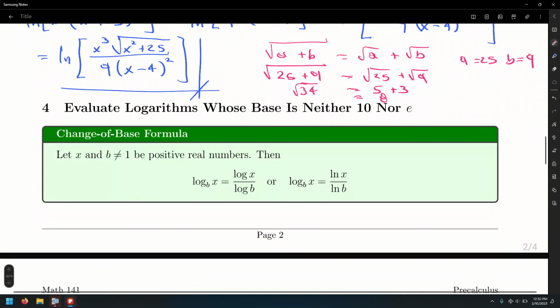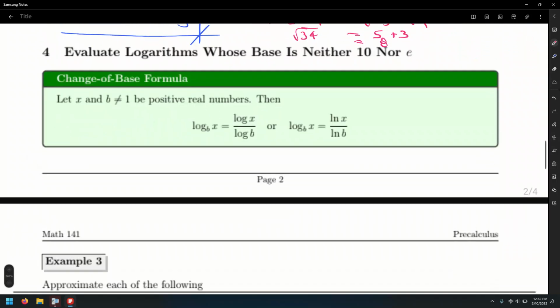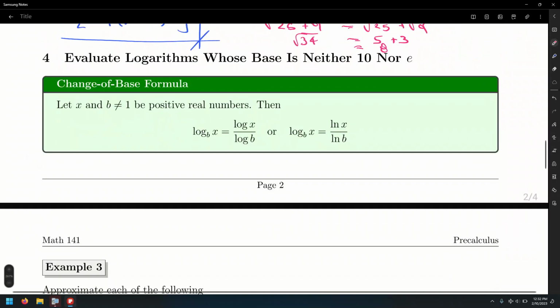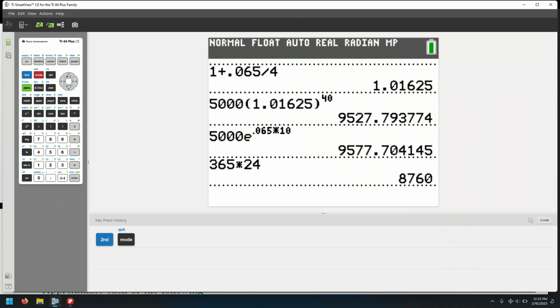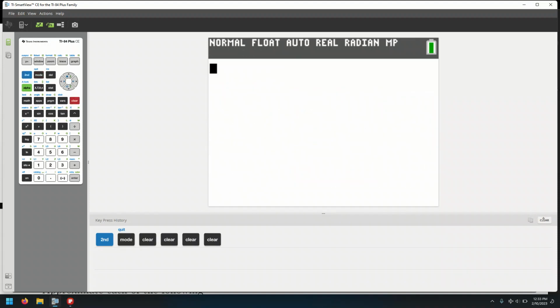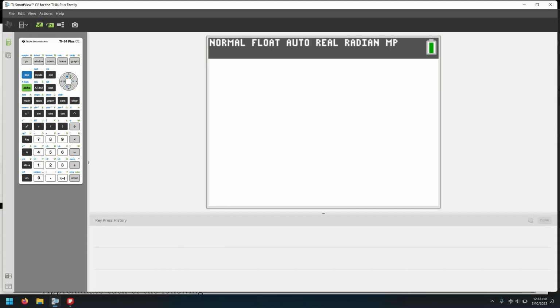Okay. But oh yes, evaluating logarithms whose base is neither 10 nor e. Well, I believe we already talked about this, when it comes to the graphing calculator, when we want to compute logarithms of certain numbers. Let me clear all this, and clear history.